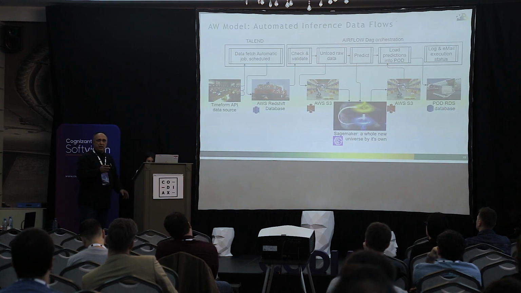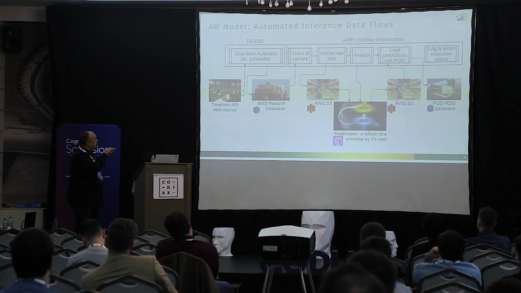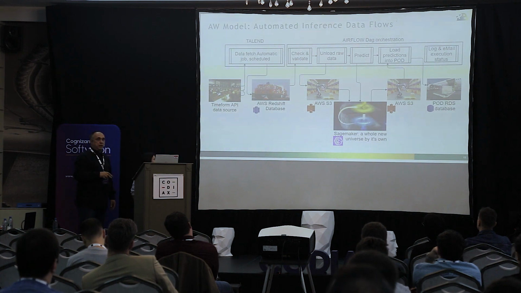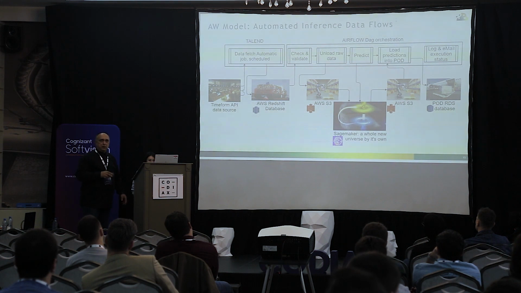So basically, there can be whatever. We validate the data. If everything is all right, we unload the data into S3, where it is available for SageMaker, which is a universe by itself. We will detail it a little later.